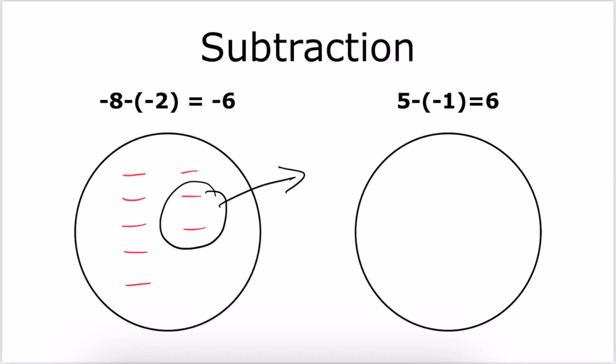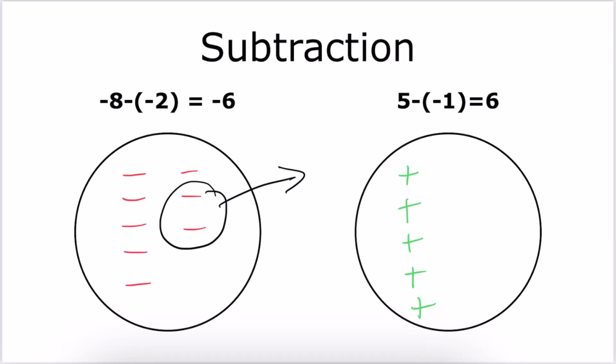However, sometimes you might have numbers where you can't take them away. Like, for example, if you have 5 minus -1, well, I'm starting with 5 positives and I'm asked to take away one negative. Well, there is no negative in my picture right now.